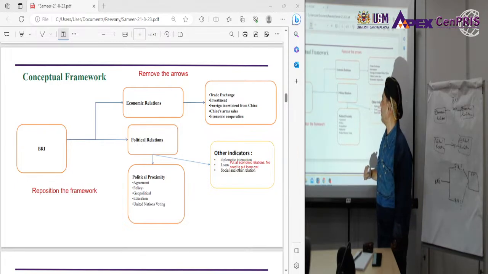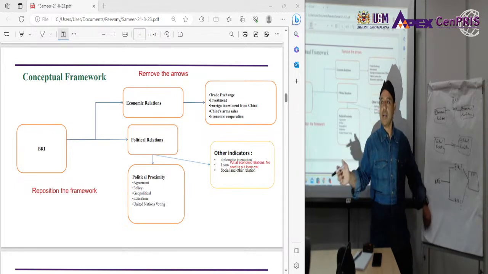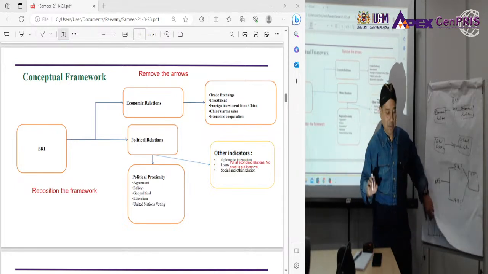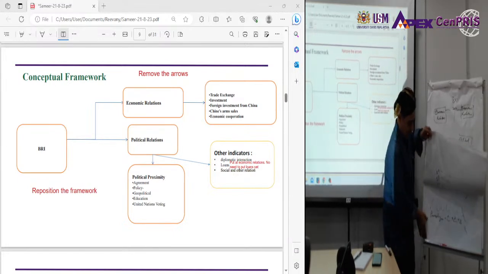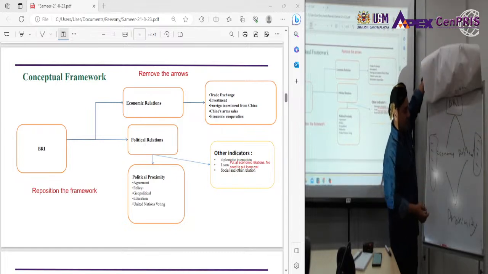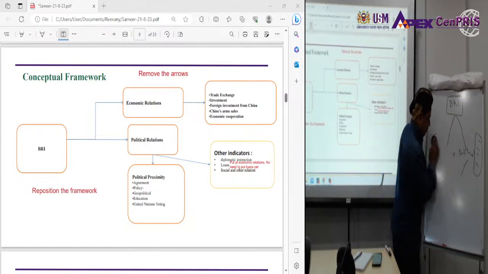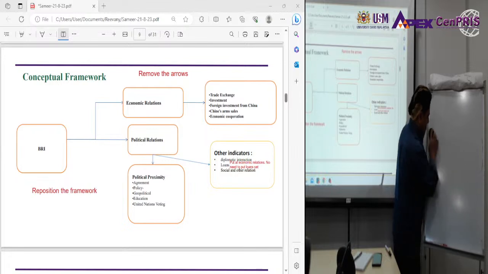So you want to see, just maintain this one, Samir. The only thing you need to do is go back to this one. You can maintain this conceptual framework.